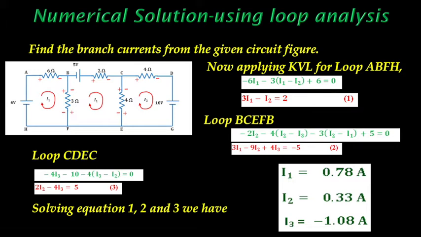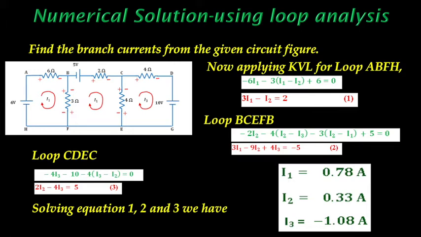Here we notice that two opposite currents I1 and I2 are flowing in the common resistor 3 ohm between the nodes B and F. On the two sides of the resistor, opposite positive and negative poles are considered.